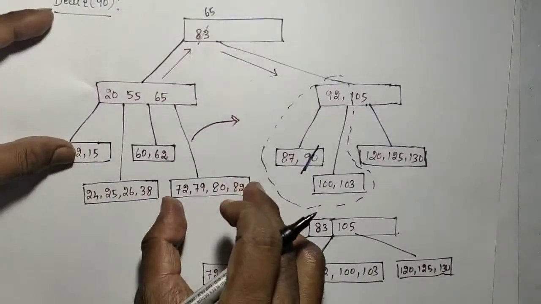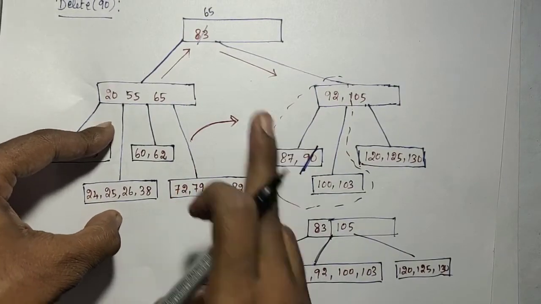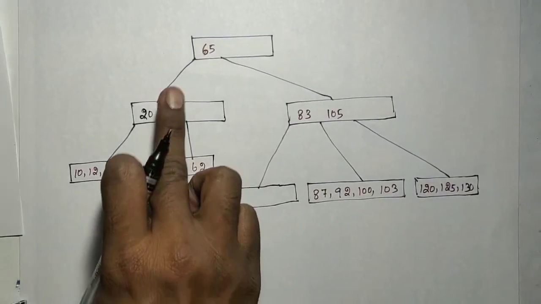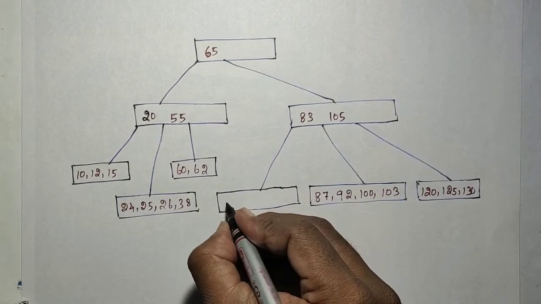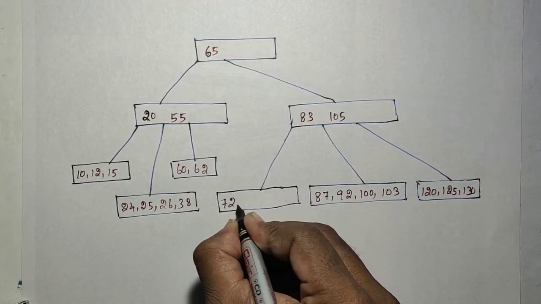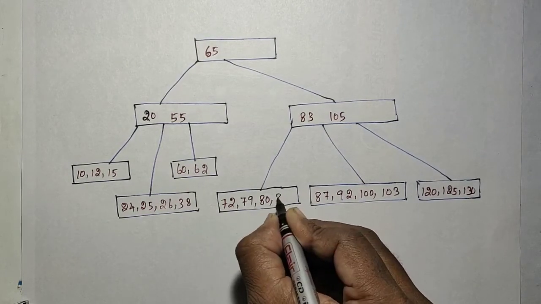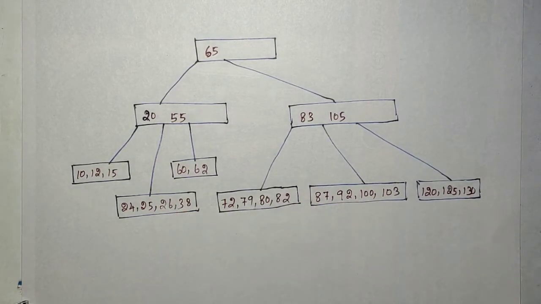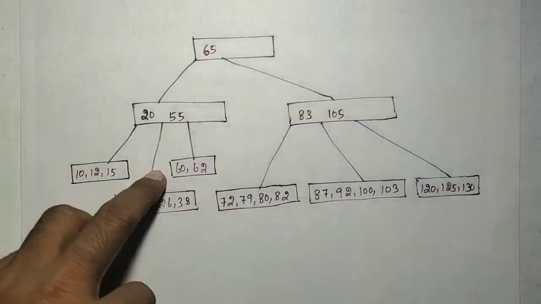And whatever was in the right of 65 becomes the left of 83, so it comes like 72, 79 and 80 and 82. So after deleting 90, this is the result.